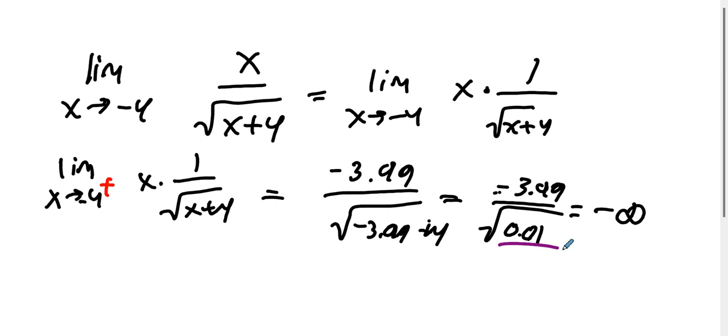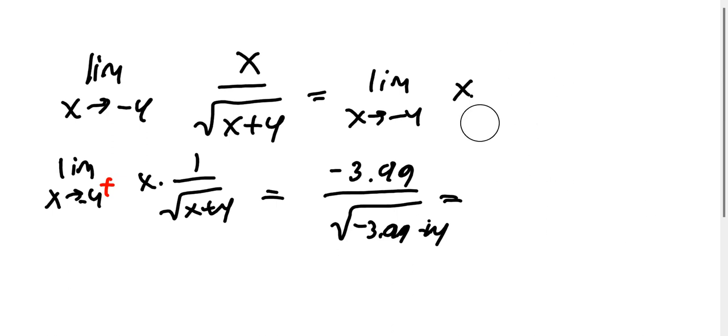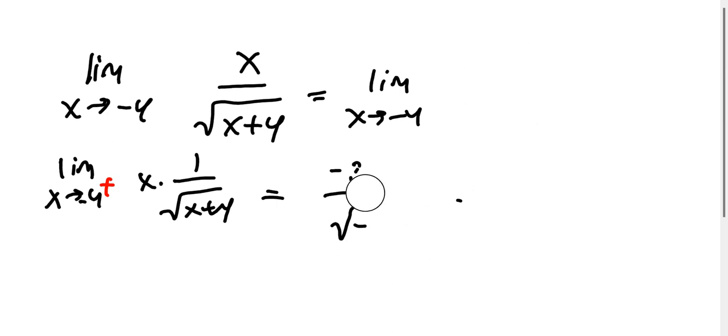As this number decreases, it's going to be something like 0.00, with all these zeros repeating and then a 1, and we take the square root. As these numbers get closer and closer, it's going to approach negative infinity. So that is going to be the answer for that one.